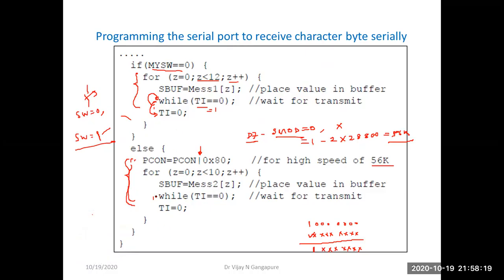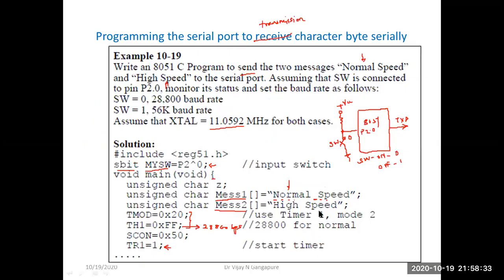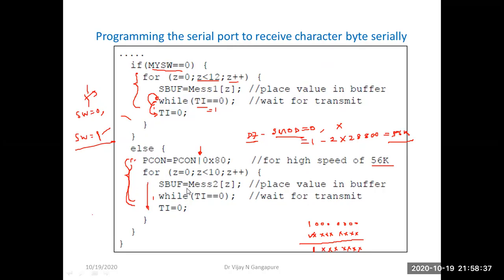When this for loop executes, the message in the MESS2 array, that is HIGH, will get serially transmitted.